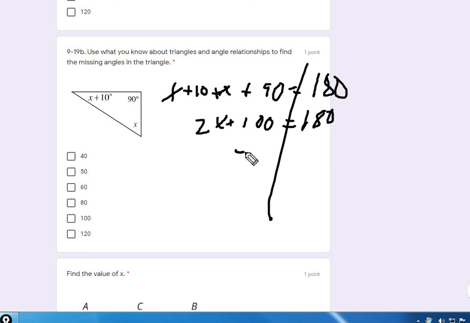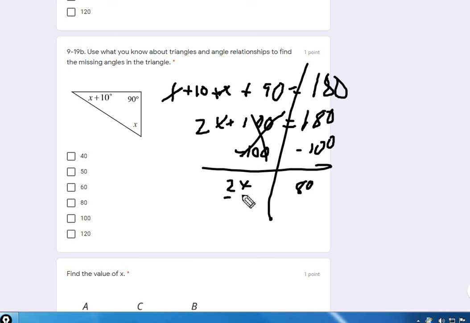Strike our line, get rid of 100, get rid of 100. 2x is left over because that's all that's left. This canceled, and here we're going to be left with 80. So divide by 2, divide by 2. This is really 1 because 2 over 2 is 1, so 1x. And we have 80 divided by 2, which is 40. Okay, so we know x equals 40.